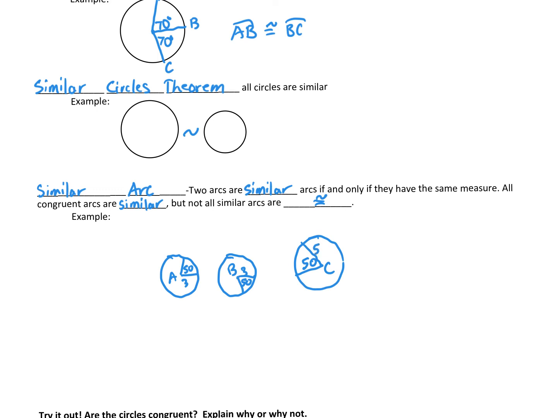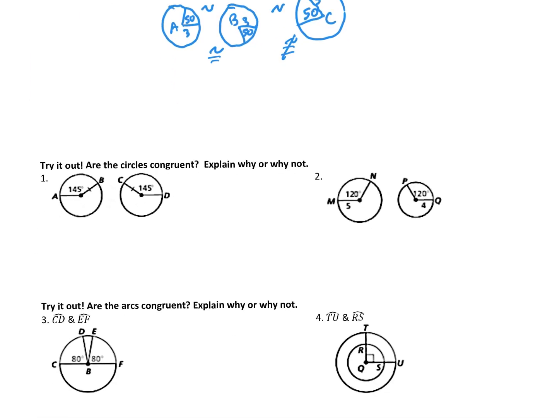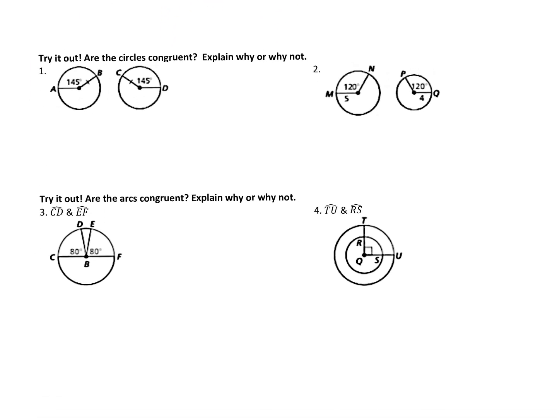We can say that all the circles are similar, all the arcs are similar. However, from A to B, it is congruent. These are congruent, but this is not congruent. It is similar, but not congruent.